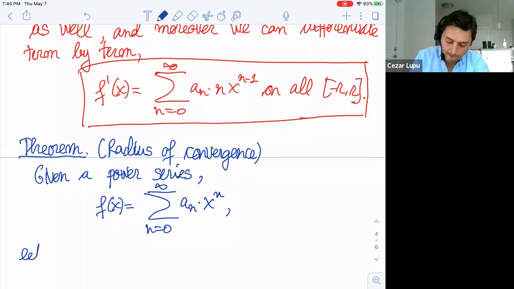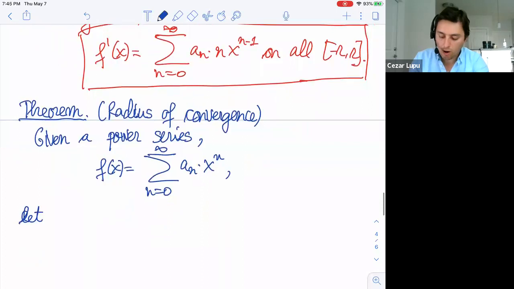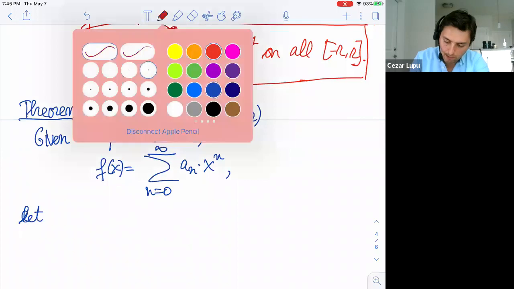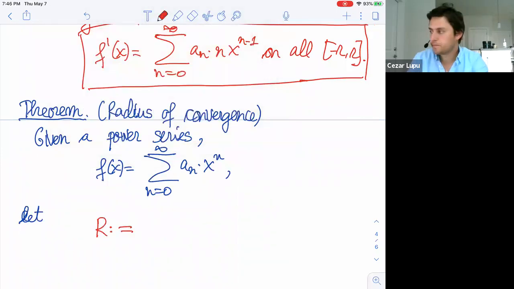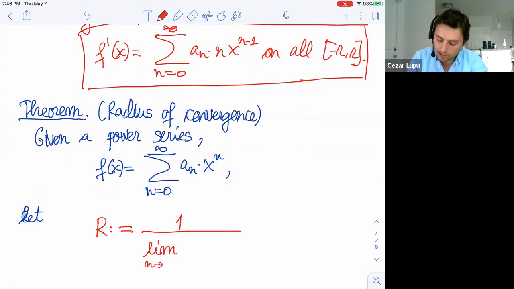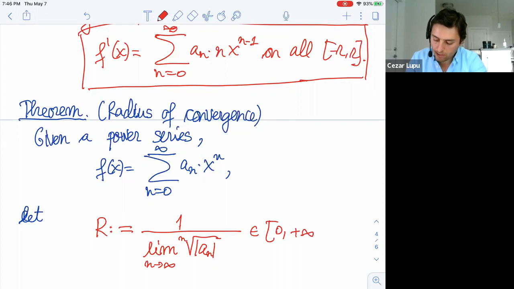Let R be 1 over the limit as n approaches infinity of the nth root of the absolute value of a_n. This will be a number which belongs to this interval.